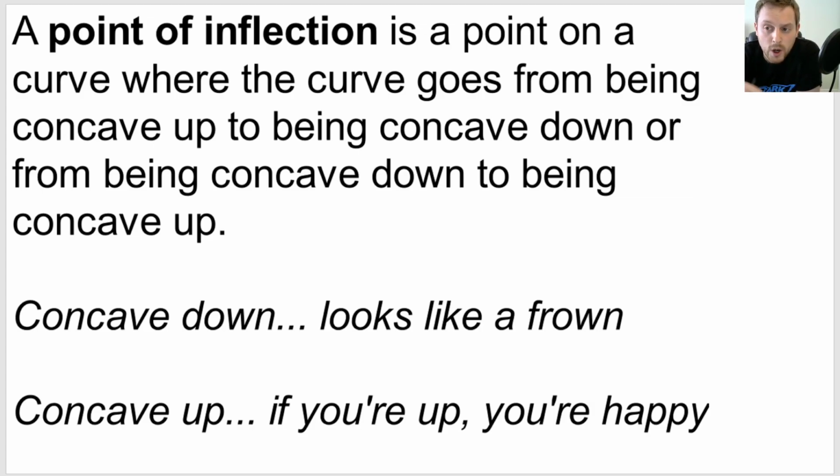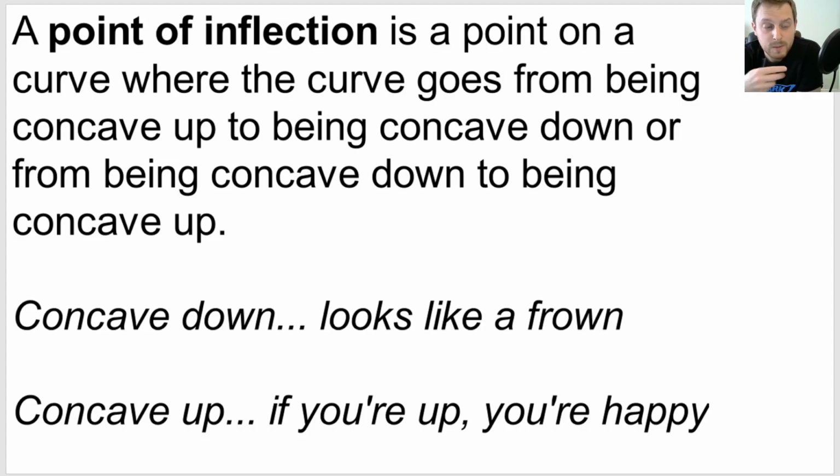The curve could go from being concave up to being concave down, or it could go from being concave down to being concave up. So it's wherever there's a change of what's called concavity. Maybe it'll just be one point, maybe there won't be any at all.